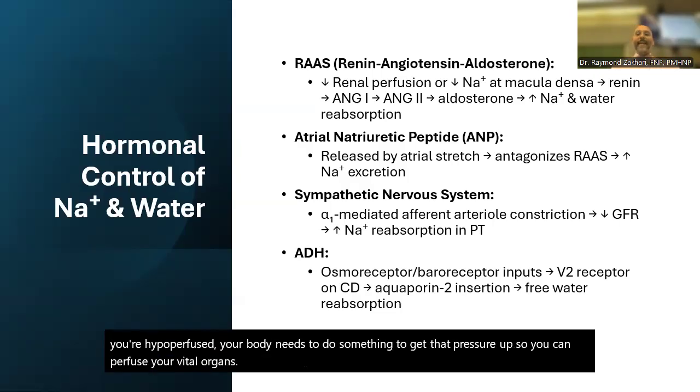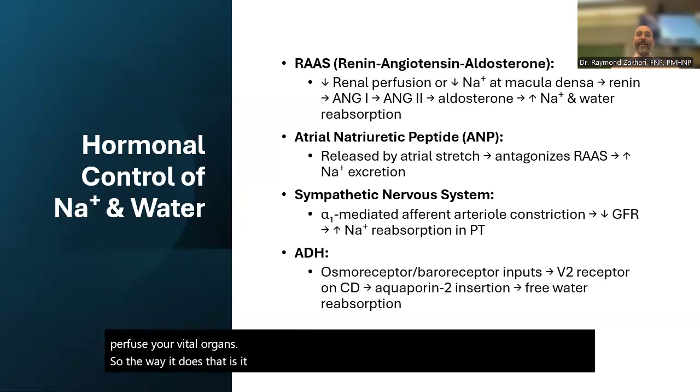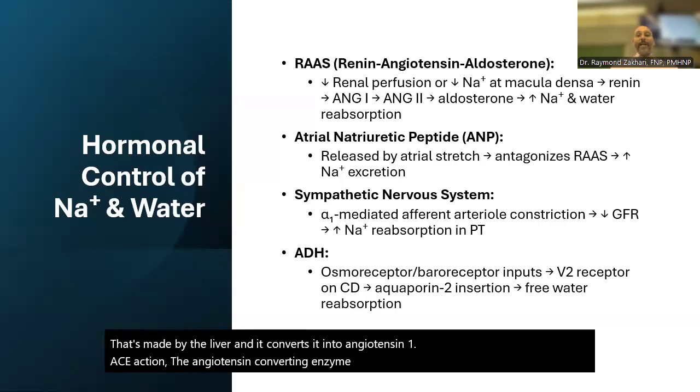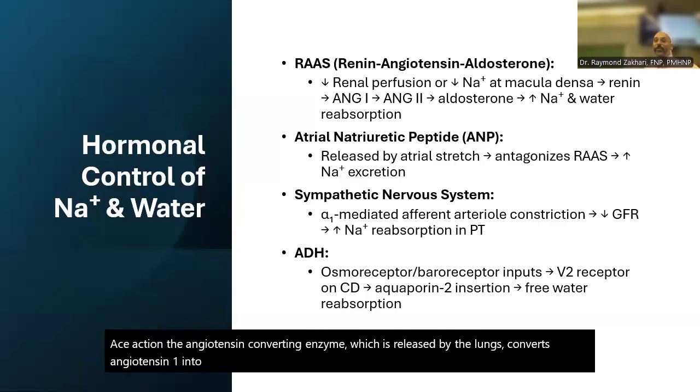So the way it does that is it releases renin. Renin acts on a protein called angiotensinogen, that's made by the liver, and converts it into angiotensin 1. The ACE action, the angiotensin converting enzyme, which is released by the lungs, converts angiotensin 1 into angiotensin 2, which is a potent vasoconstrictor.